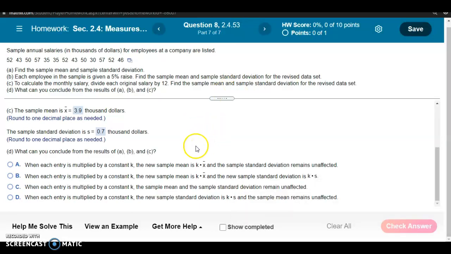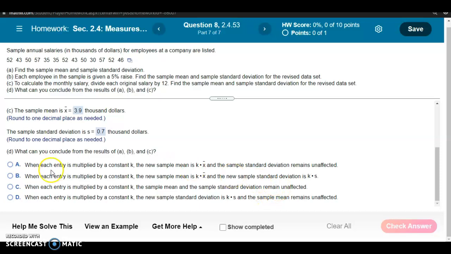So what you want to do is select the appropriate answer choice that summarizes our observations. Obviously it's not going to be answer choice C, because answer choice C says that when we multiply by a constant, the sample mean and sample standard deviation remain unaffected. So that wasn't the case.